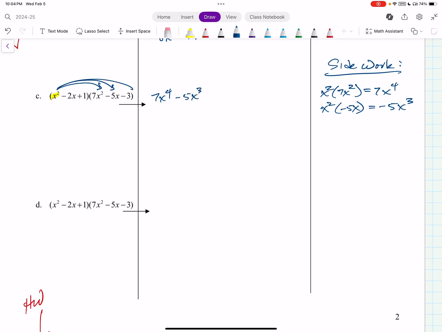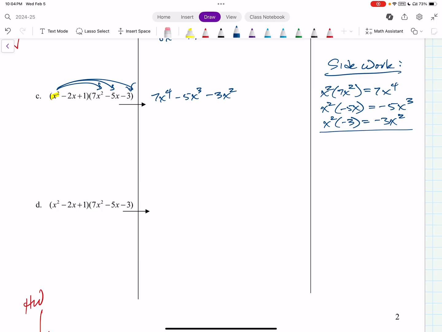And then the third product, again, you're distributing through a trinomial. So you got to multiply 3 times because there are 3 terms in there, right? So x squared times negative 3, that's simple. Negative 3x squared. So minus 3x squared. All right, that's your first distribution.